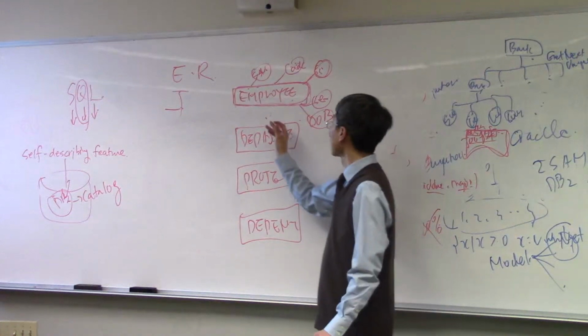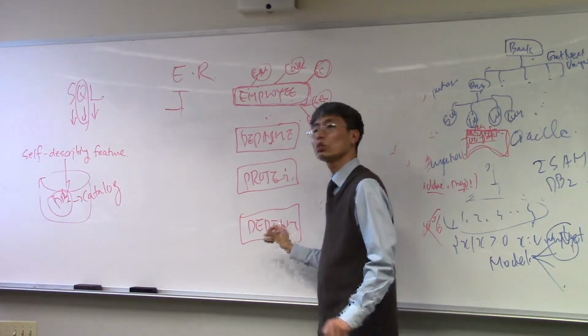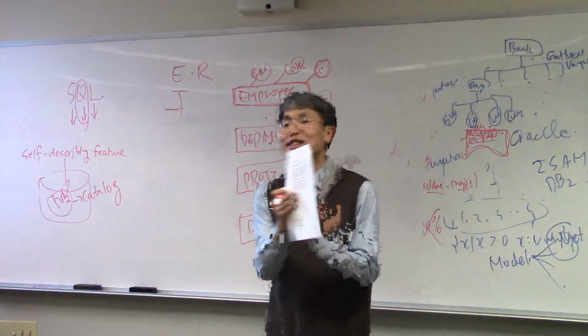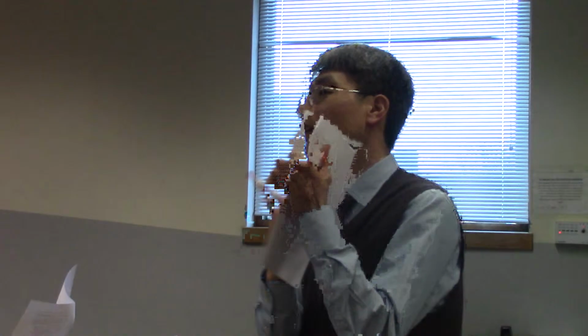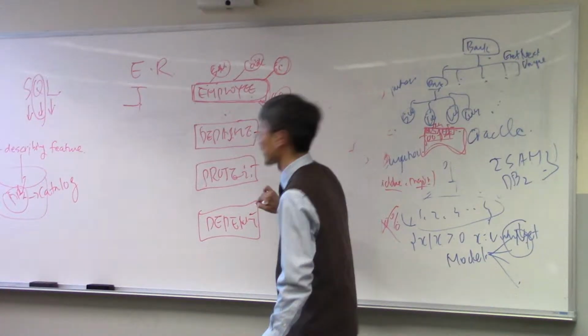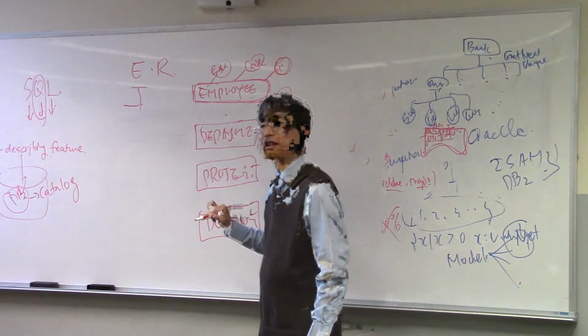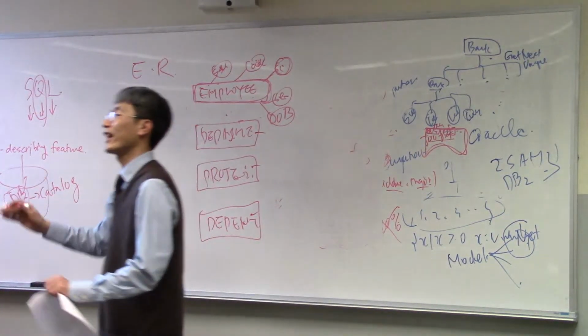You can do this by next class using the handout. You don't have to submit it; it's just for your review of today's class. Why don't you fill out more attributes for these. Then we can continue to the next step.